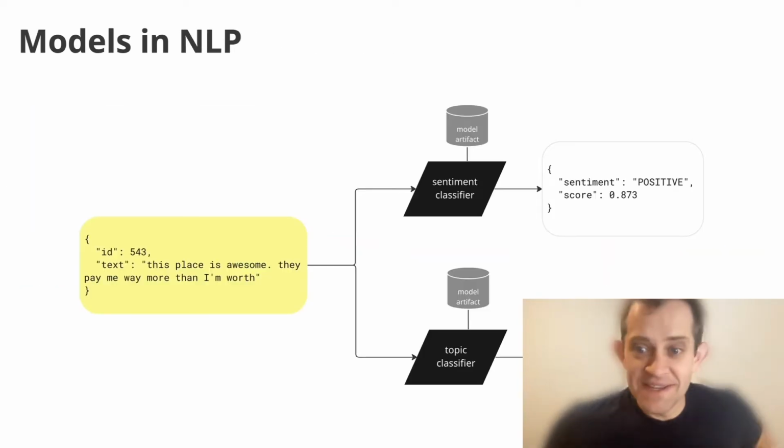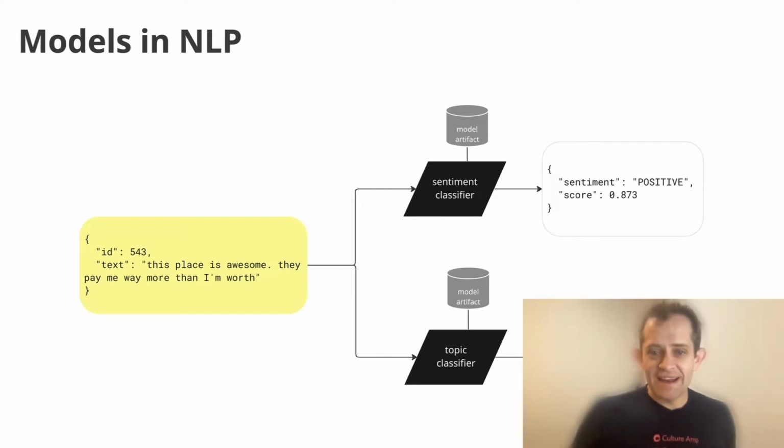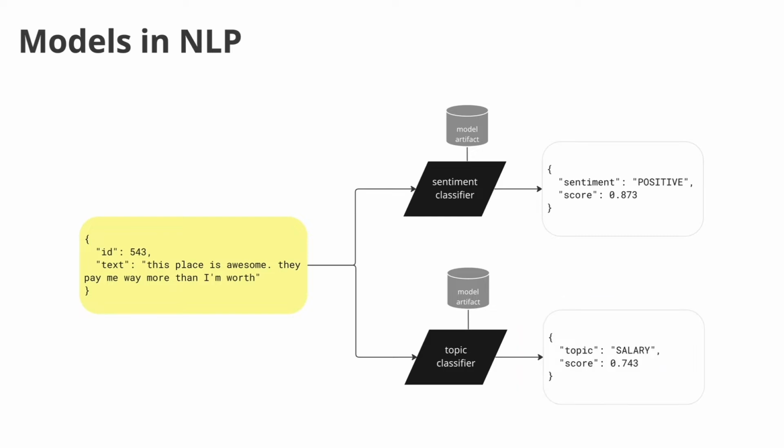But how, I hear you ask, how does machine learning come in? I'm just going to get rid of my face. You can see my slides are probably more interesting than my moving mouth parts. So the way that we actually do machine learning, we use these things called models.